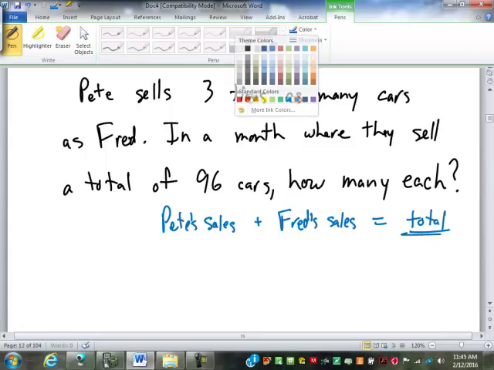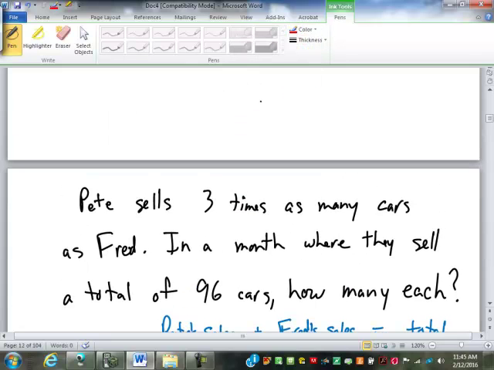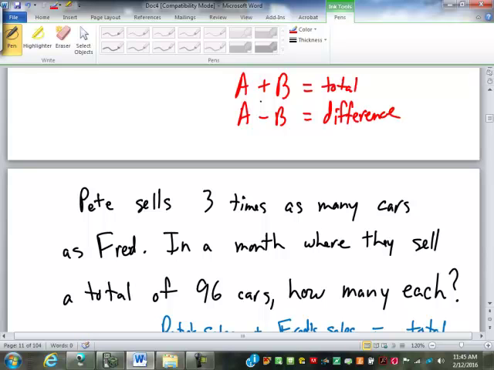There are 3 types of problems we run into, by the way. We have a problem like this where two things add up to make a total. We have problems where two things subtract to make a difference. And then we have problems where two things have to equal each other. So this one is that first variety where two things add up to make a total.